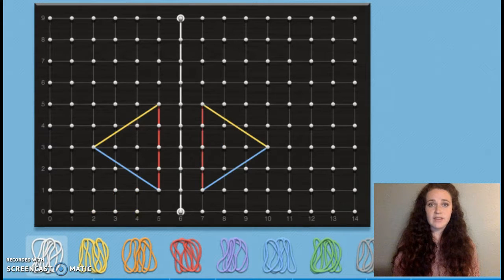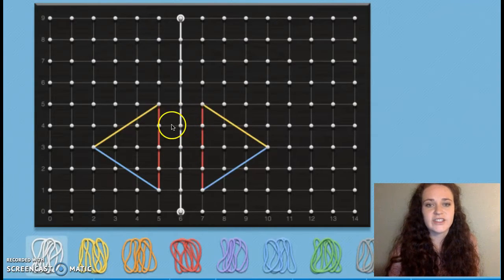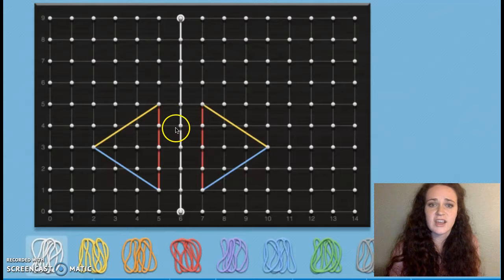So the second method that we are going to be using in class to either create or prove a second figure congruent to the first is through reflections. So through a reflection, we know that that second image is congruent to the first, as well as the first congruent to the second. And so here I have two triangles, and I have them reflected over a line of reflection here.